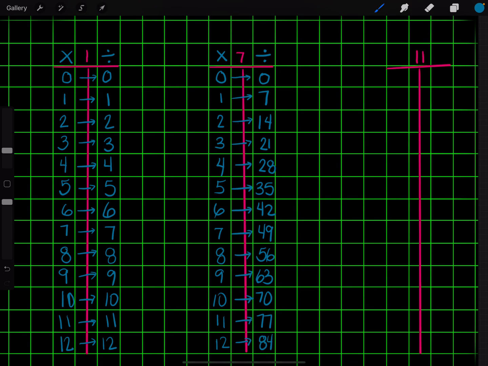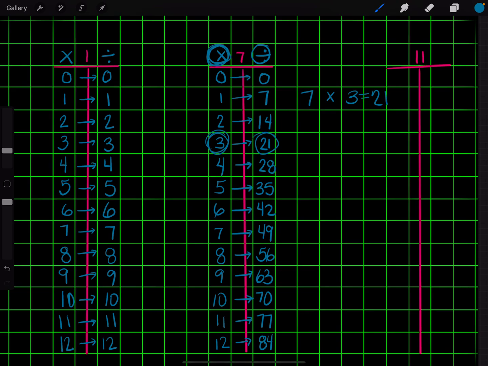Now the reason why I do multiplication on this side and division on this side is for this reason. If I were to say 7 times, let's say, 3 equals, then I can go to this multiplication side, go down to 3, and I go over, and it's 21, so I know it's 21.